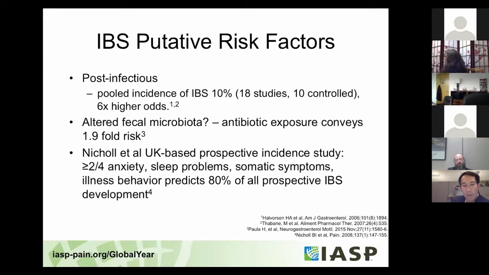A large-scale study by Nicol and colleagues out of the United Kingdom in a prospective incidence study identified that 80% of all new IBS diagnoses within a 15-month period could be identified within groups that scored higher on scales for anxiety, sleep problems, somatic symptoms, and illness behavior.